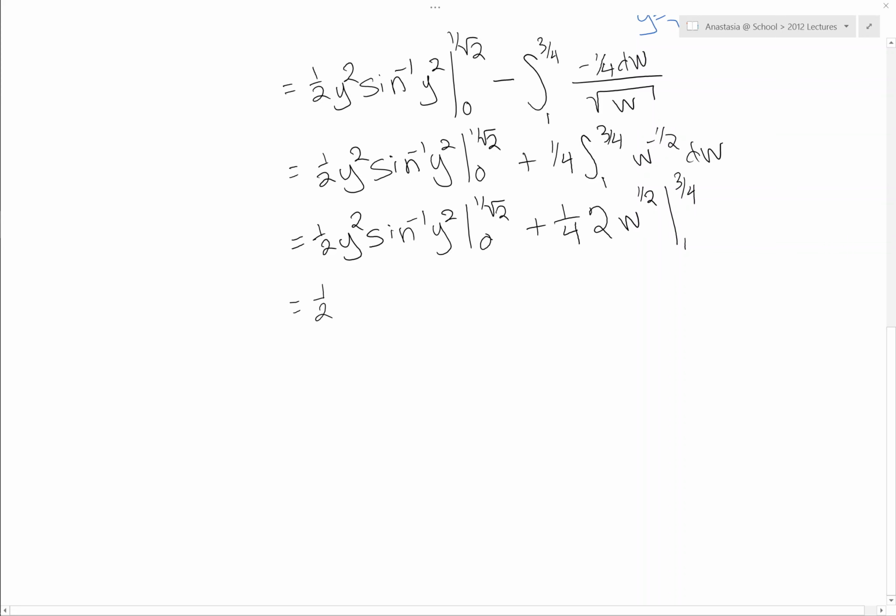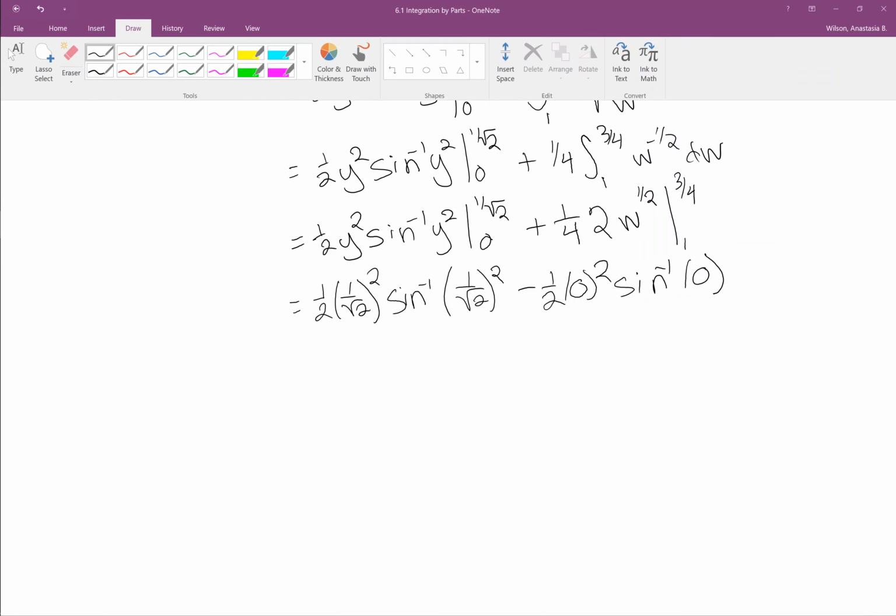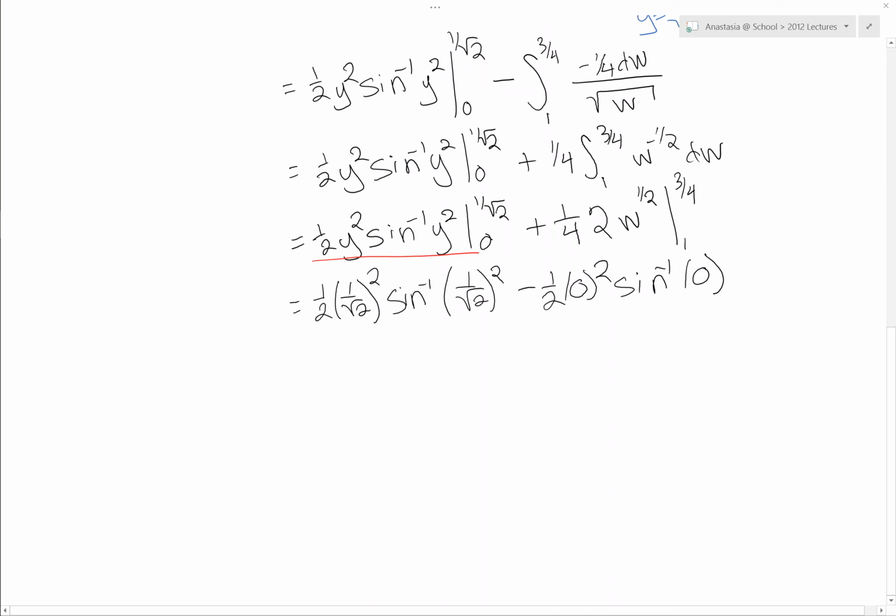So we will go ahead and do that. 1/2, 1 over the square root of 2 squared, arcsine of 1 over the square root of 2 squared. Then we have minus 1/2 0 squared, arcsine of 0. And this all comes from the first term in the previous line.